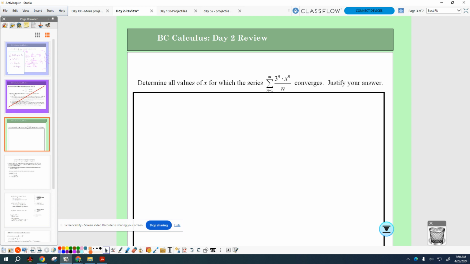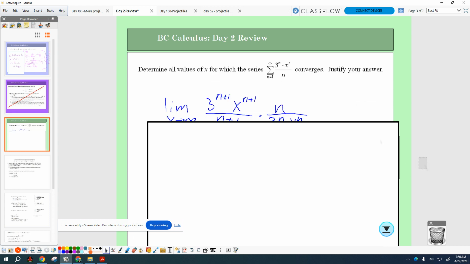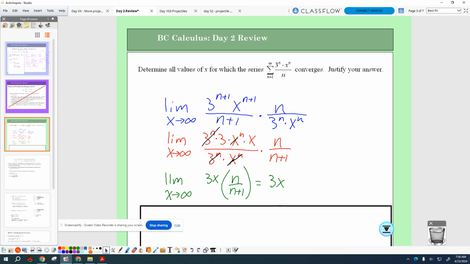So if it asks for the actual values, like the interval that works, ratio test. Doing the ratio test, we get that. So what do we do with that? Plug it into, like, -1 is less than x, less than 1.